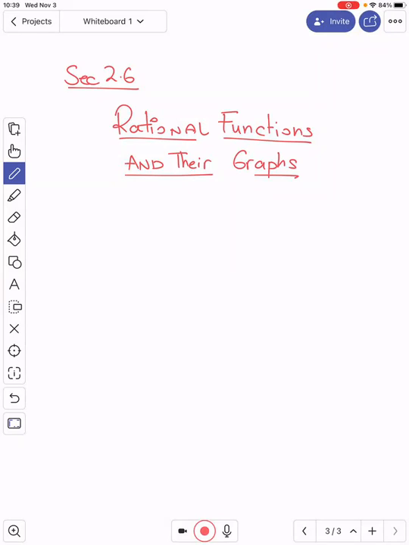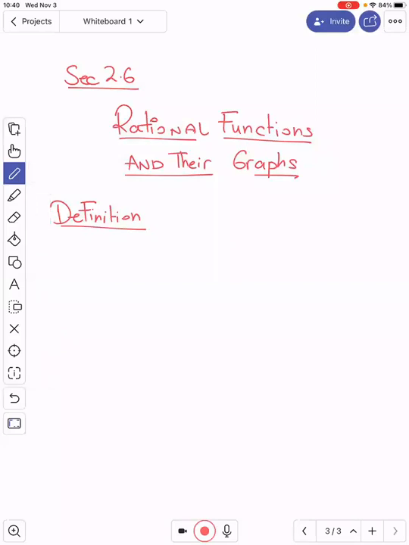The goal of the section, of course, is to graph those rational functions. But let me first define what I mean by a rational function. A rational function is just a quotient of polynomial functions.